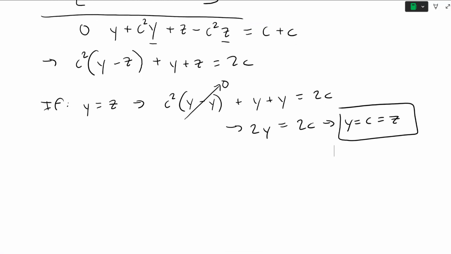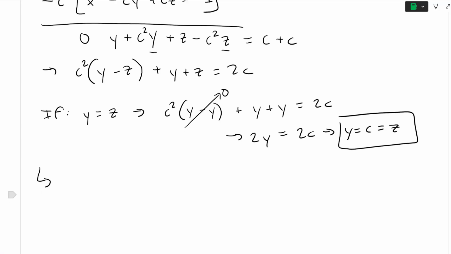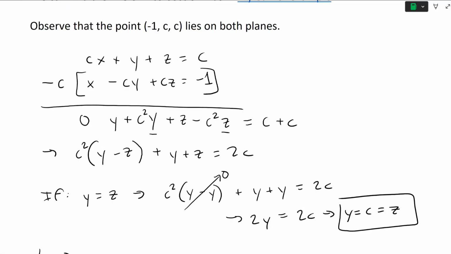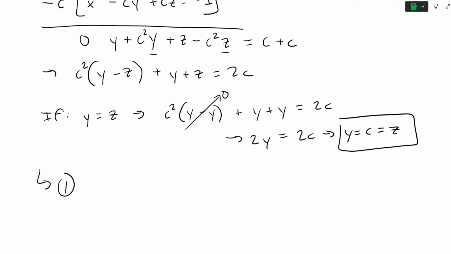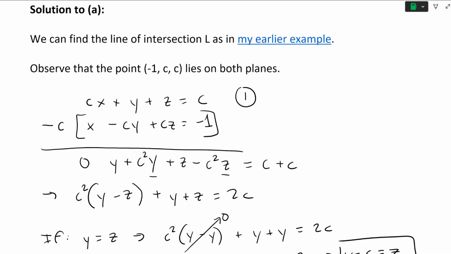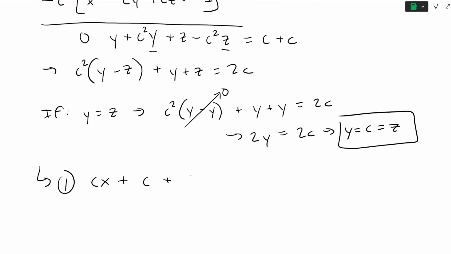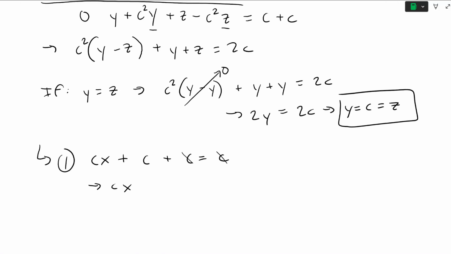Because we had y = z, we could plug that into the first equation. So we have Cx plus y, which is C, plus z, which is C, equals C. This cancels, and we're left with Cx moved over to the other side, equals -C.